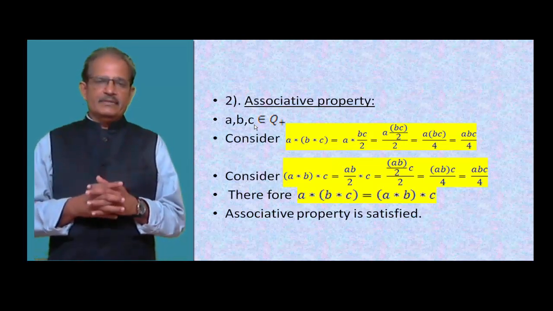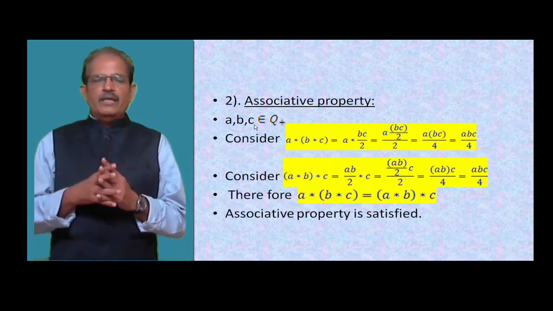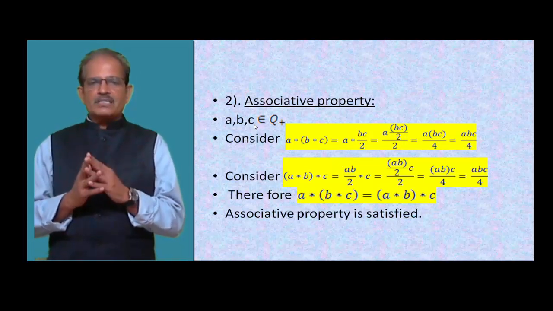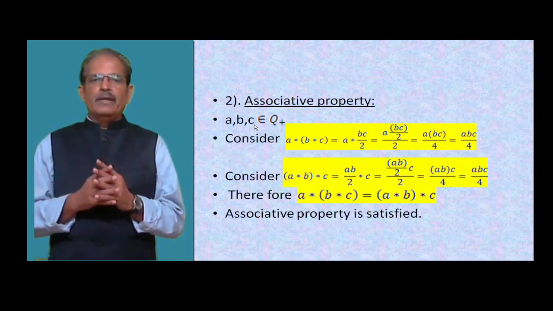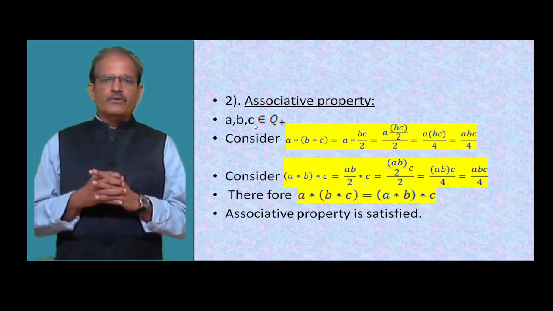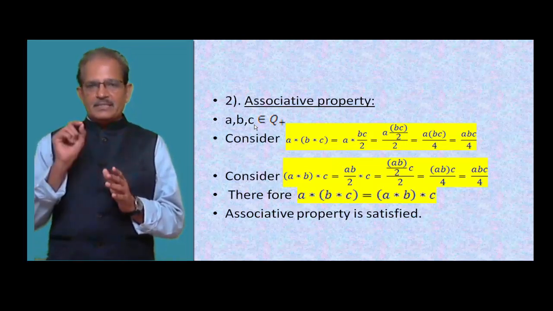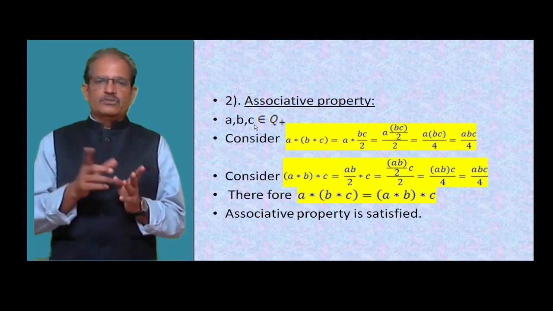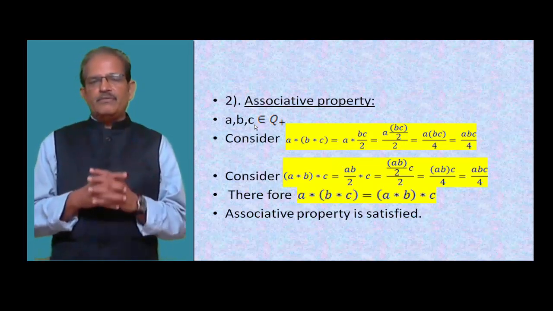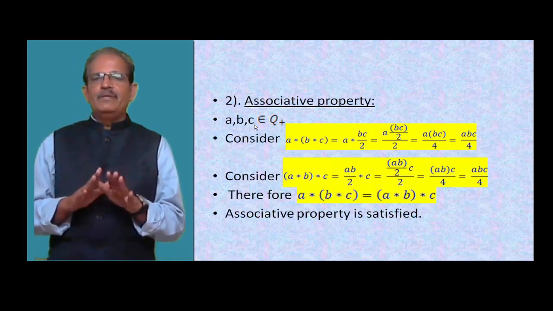Now you have to consider A star, B star C. So A star, B star C is equal to A star, now B star C becomes BC by 2 by definition of binary operation star. So therefore, there are two numbers A and BC by 2. Again there is a binary operation star. So that gives you A into BC by 2 whole by 2. That will be A into BC by 4. So finally it is ABC by 4.